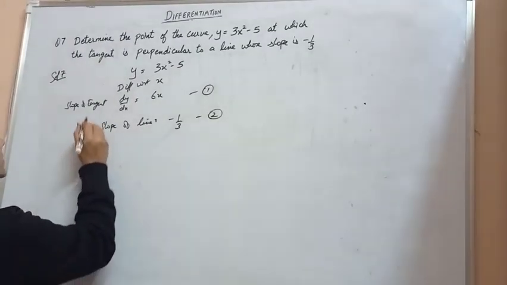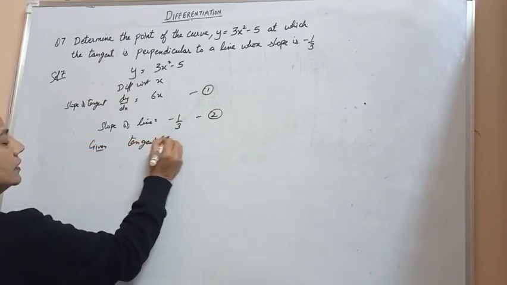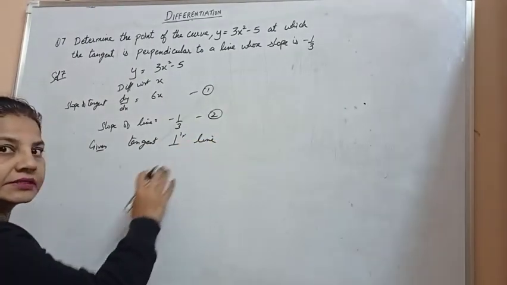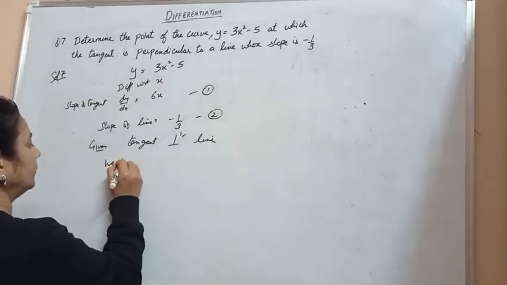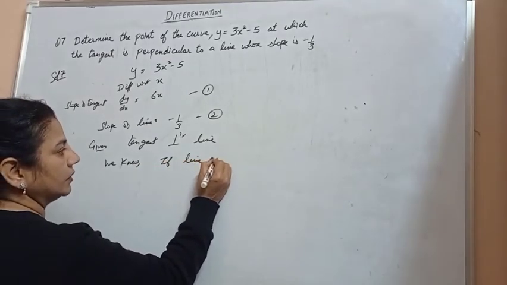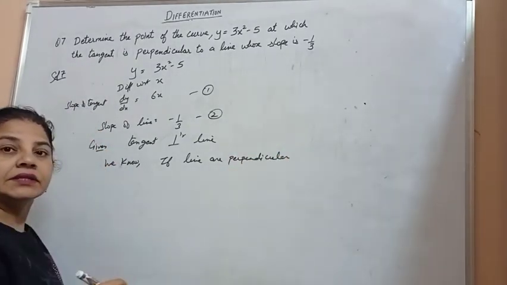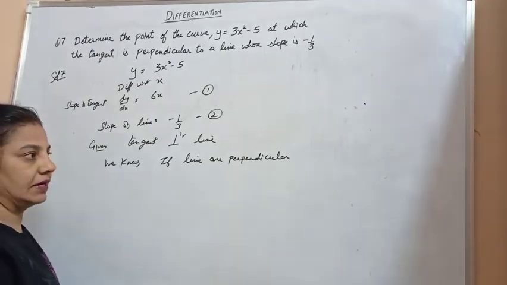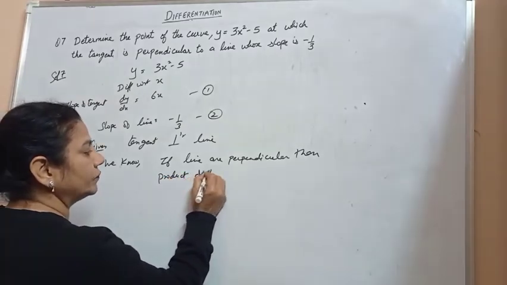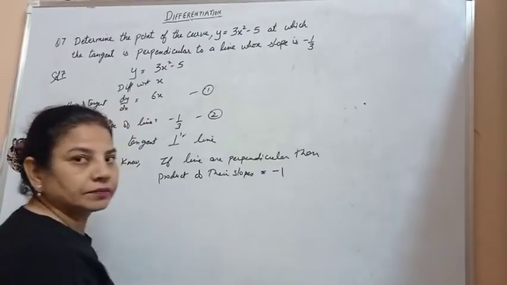Now it's given that the tangent to the curve is perpendicular to the line. And we know if lines are perpendicular, then the product of their slopes is minus 1.